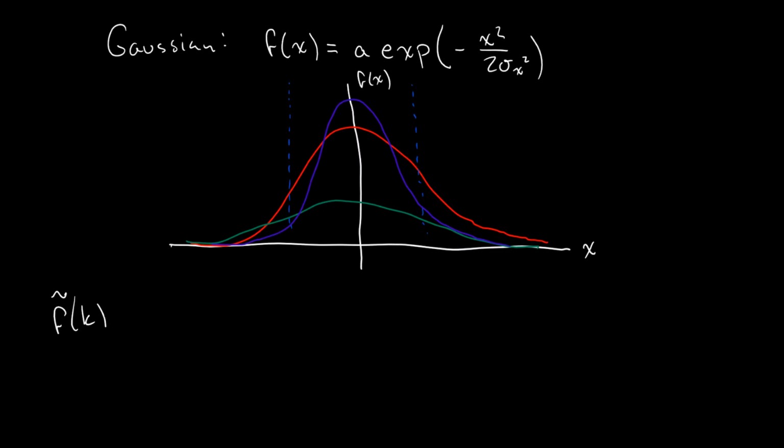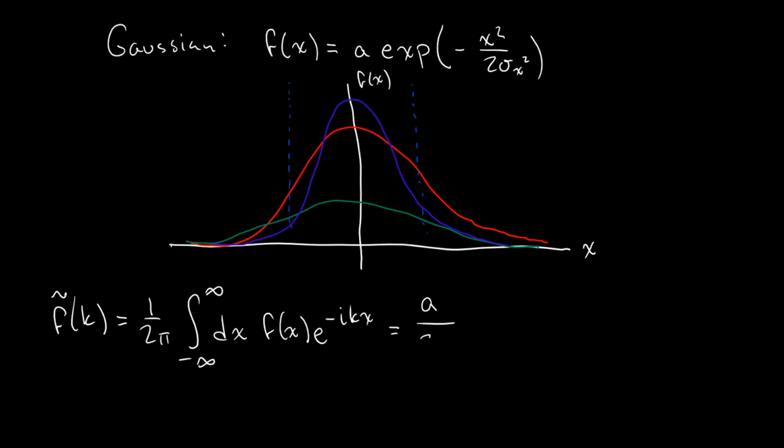So I know that this is going to be something like 1 over 2 pi, integral from minus infinity to infinity of f of x e to the minus i k x dx, which is the integral of exponential minus x squared over 2 sigma x squared minus i k x.